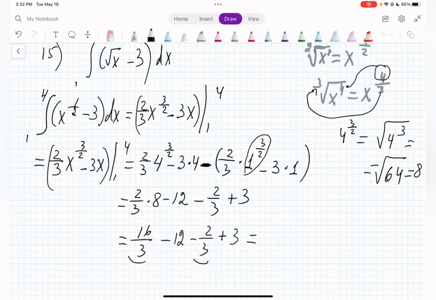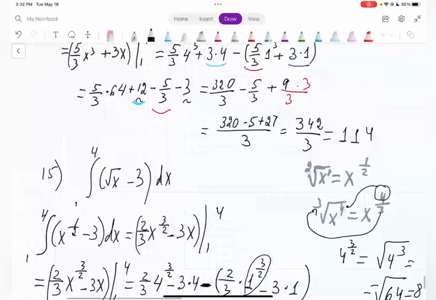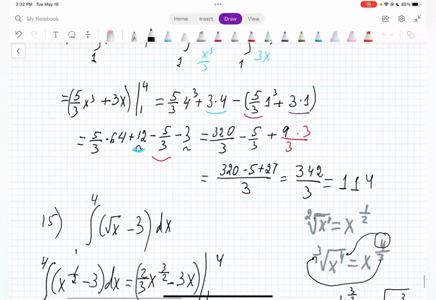Since both of them have the same denominator, I can subtract 16 minus 2. It's going to be 14 over 3. And negative 12 and 3 is going to be minus 9, right? The same way you could combine fractions first in the previous problem also. Let me see, where did we have it?